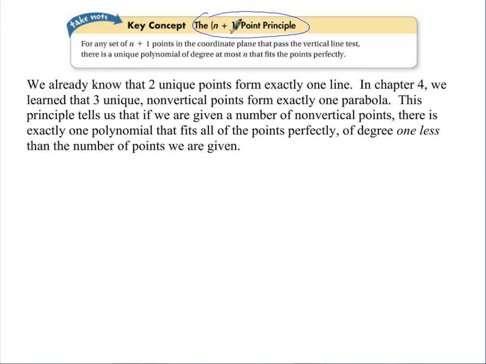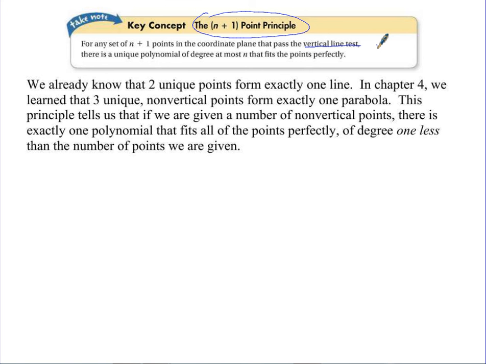And that's what the n plus 1 point principle is. If I have n plus 1 points, so if I have 5 points, then I'd have 4 plus 1 points. Okay? What that means is there's a unique polynomial of degree at most 4 that fits the points perfectly. So if I give you 6 data points, then I could create a 5th degree polynomial that goes through all of those data points perfectly, as long as all those data points pass the vertical line test.